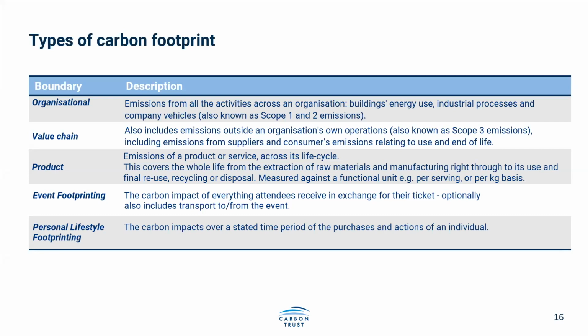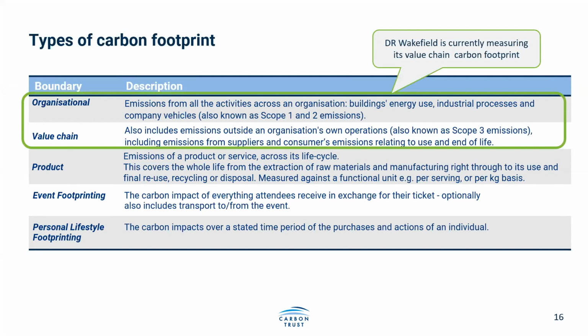Event footprinting. Obviously, we're all dialing in online today, so we haven't had to fly huge distances or travel. But you look at event footprinting when we were having events, or indeed personal lifestyle footprinting as well. There are a number of calculators online. If you're curious about your own personal carbon footprint, you can use these online calculators to look at that information as well. So today we're looking at the organizational and value chain footprint.